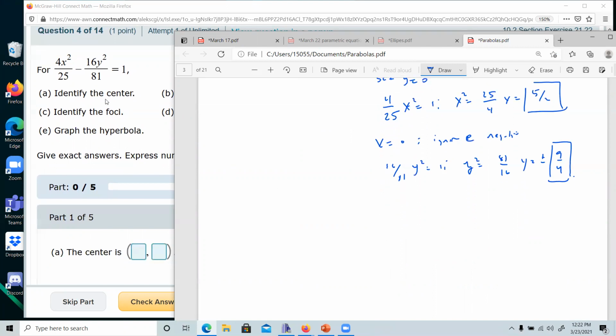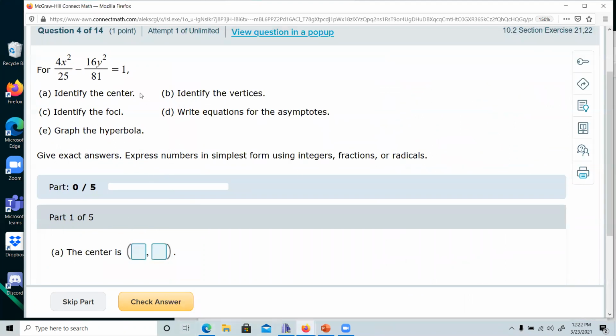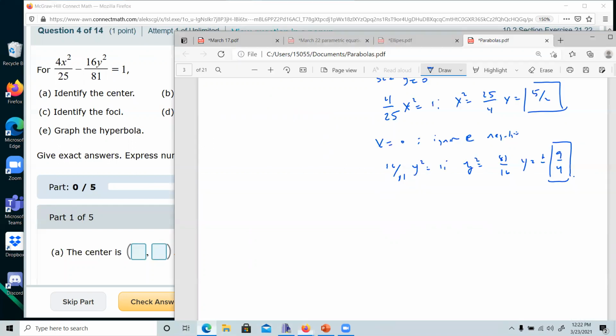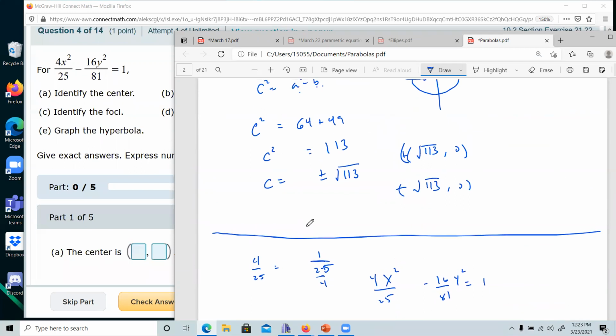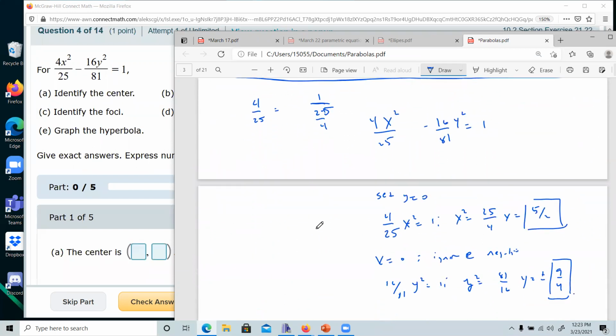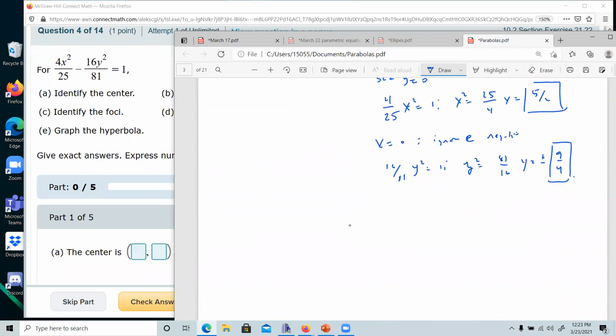Now, when I get down to the foci here, the vertices, those are easy, we just did it. Foci, now, remember when we did that, the A was just what's underneath. And here we have 4x squared over 25.